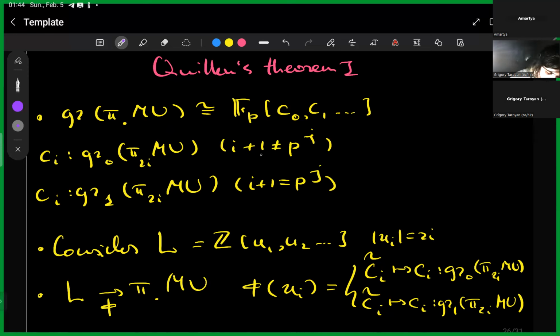So for non-special indices, we have elements which belong to the zero component, and for these special indices, we have elements which belong to the first graded component. Then we can consider the Lazard ring, which is the ring of polynomials generated by elements in degrees 2i.